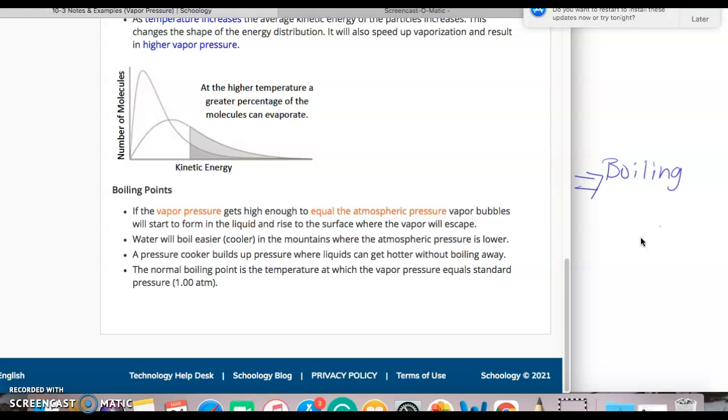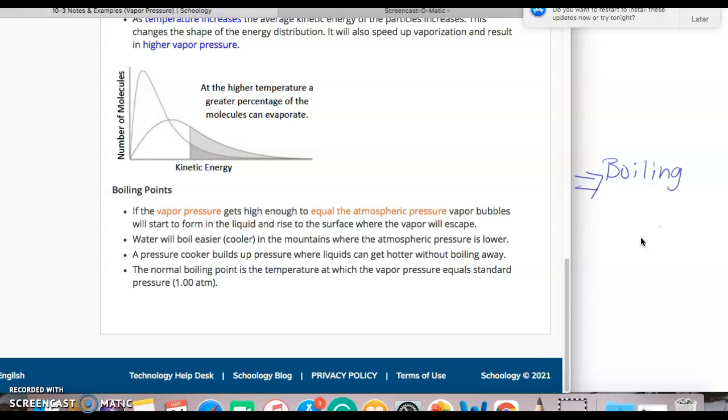For instance, if we went to Denver and tried to boil a pot of water, our boiling point is actually 69 degrees Celsius, whereas here in Missouri, closer to sea level, our boiling point is going to be 100 degrees Celsius.